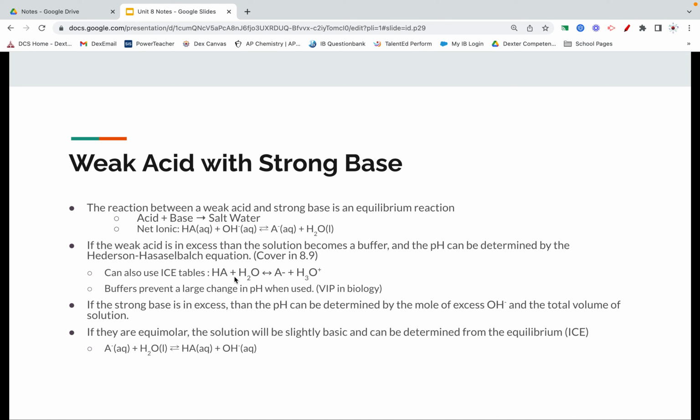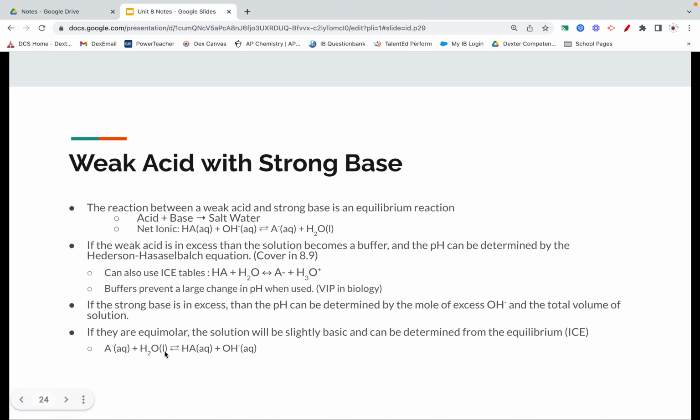Focusing on the equation, HA plus water yields our A minus ion and our hydronium ion. If the acid is in excess, the hydroxide gets used up completely and we're left with our equilibrium of just our weak acid. Now if the strong base is in excess, the pH is determined by just the base because the acid is used up completely, so we're no longer at this equilibrium.